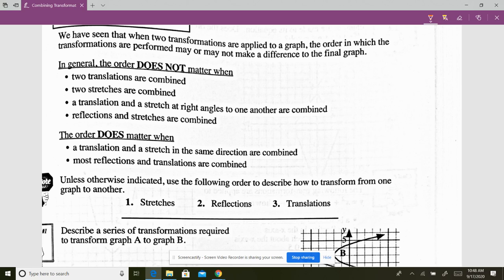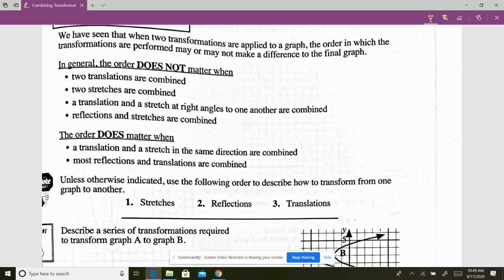Or you do a translation and a stretch at right angles to one another. So that means if you do a vertical stretch and a horizontal translation. So it does matter when you do a translation and a stretch in the same direction. In other words, you vertically stretch it and then you shift the graph. Okay? Don't memorize any of this. There's a way easier way to do it.